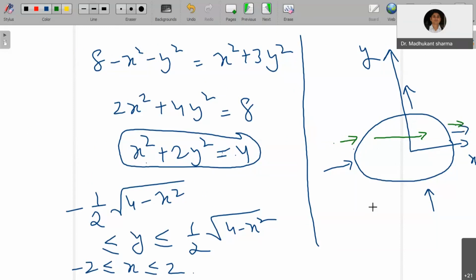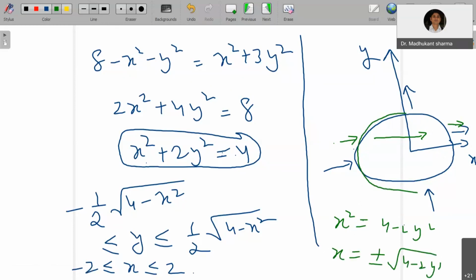From here, you can definitely find x square equals 4 minus 2y square. You can identify the equation of the curve on this side, from where it is entering and where it is leaving. So x equals what? Plus or minus square root of 4 minus 2y square.